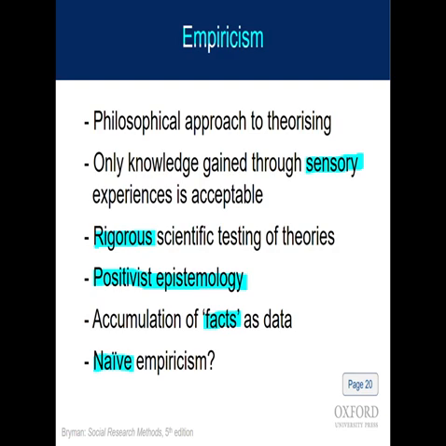I underlined this word here, rigorous, highlighted that. Rigorous scientific testing of theory. So what they're getting at here is that if you take this empirical scientific approach, you'll have a theory, and a theory will say, for example, crime is caused because of people out there, and just to keep something really simple, some of the people out there in the population drink too much alcohol, have a problem with alcohol.